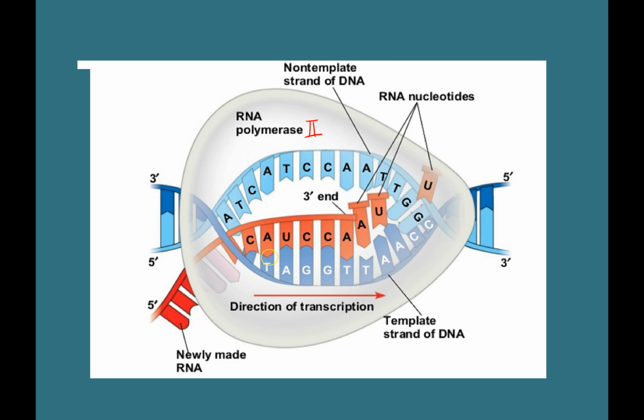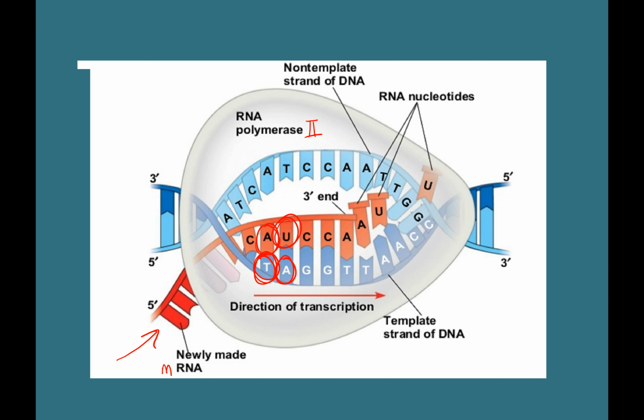So, for example, if there's a T on the DNA, it's going to call in an A. If there's an A, normally it would look for a T, but in this case, because it's RNA, it's looking for a U. And what you are creating is this red molecule here, as you can see in the diagram. That is a piece of RNA, and specifically it is mRNA, for messenger RNA.